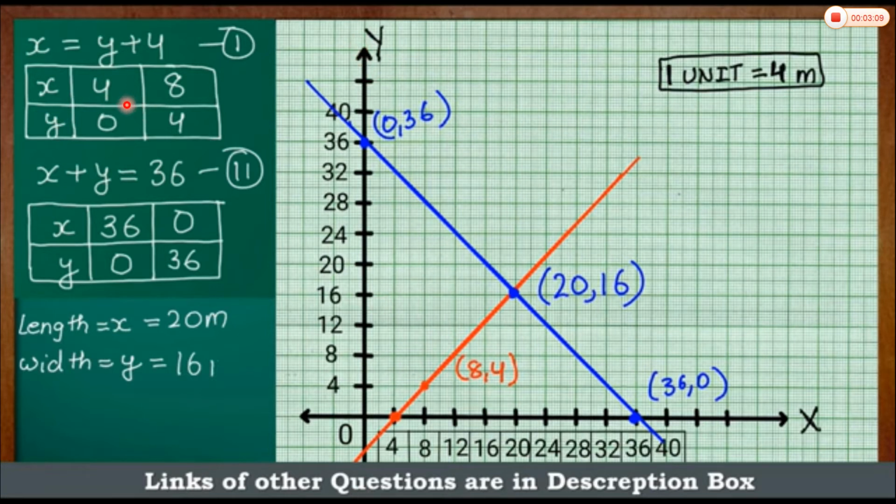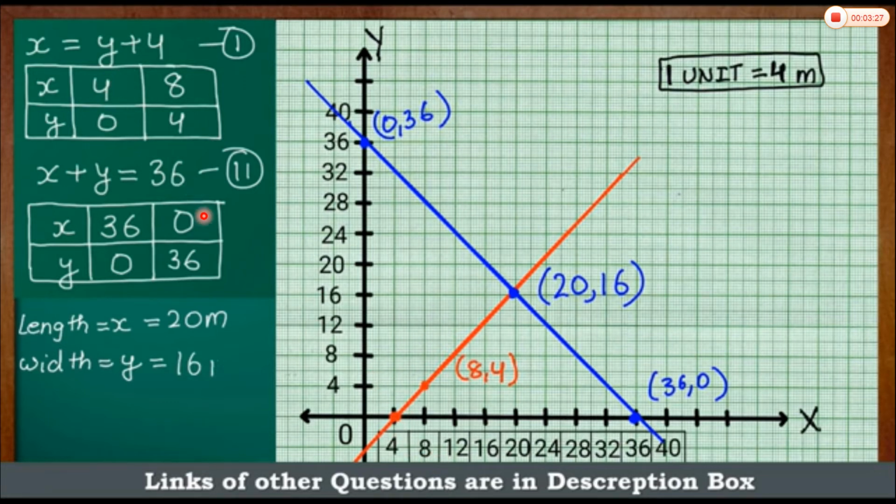From the first equation, the point is (4, 0). We know that on the x-axis the value of y equals 0, and on the y-axis the value of x equals 0.